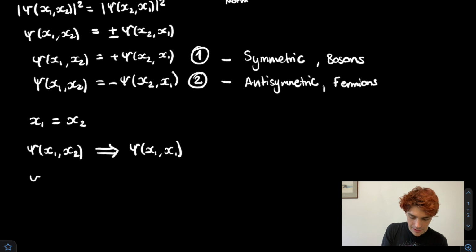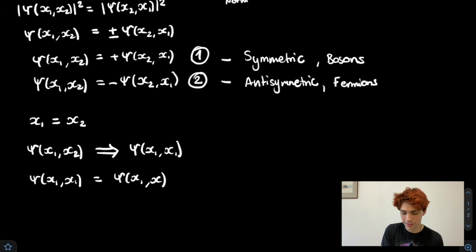Well, psi x1, x1, for the case of bosons, goes to psi x1, x1 under the particle exchange, plus psi x1, x1. So yeah, we've literally just written that two things are equal to each other. No great insights right there. Nothing suspicious.